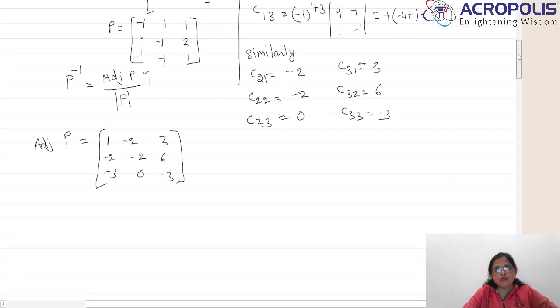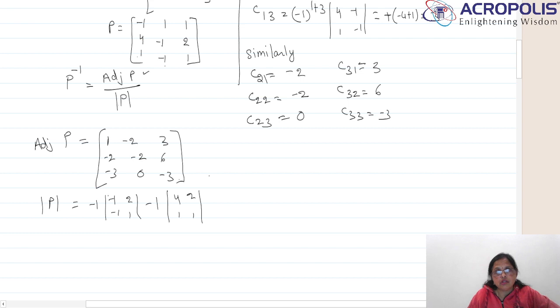So what is the determinant of P? You already know how we find the determinant of P. It is equal to minus 1 times the determinant left after eliminating the first row and first column, minus 1, 2, 1. The second term comes with a minus sign, eliminating the first row and second column, so 4, 1, 2, 1.